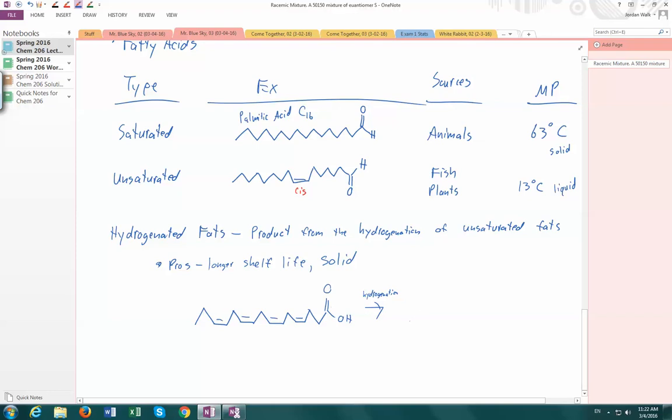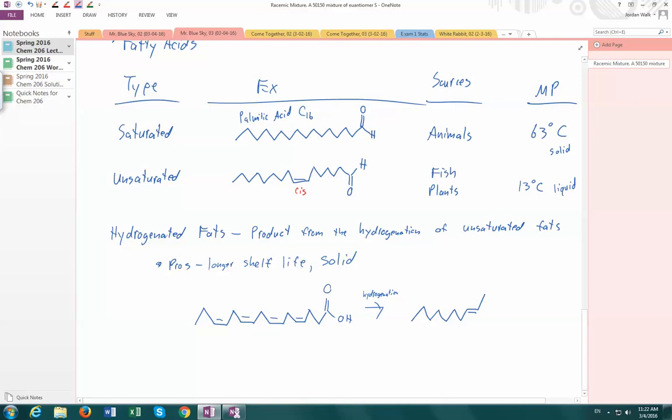And so what we'll see is some of them are, in fact, converted to the single bond. So we have our saturated fat, and I guess that's the goal, even though we know that's a little unhealthier. But sometimes we don't have the conversion that we're looking for. In fact, what happens is one of these cis double bonds gets converted to a trans double bond.